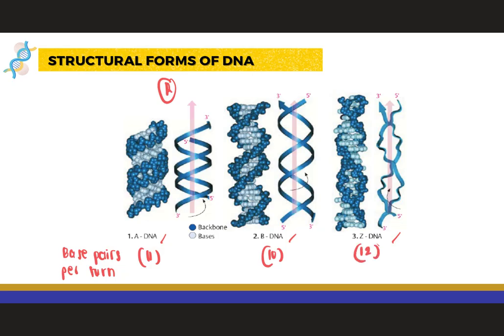With regards to morphology, as you can see here in this figure, your aDNA is broad and short. Your bDNA is longer and thinner. And your zDNA is also longer and thinner.